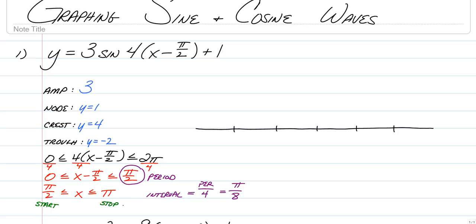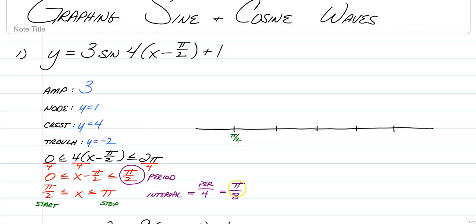So our starting point is going to be pi over 2. Now we always need 5 tick marks for this graph because, as we talked about in the last video, we have 0, pi over 2, pi, 3 pi over 2, and then back to 2 pi when it starts repeating itself. We are only going to sketch one cycle.